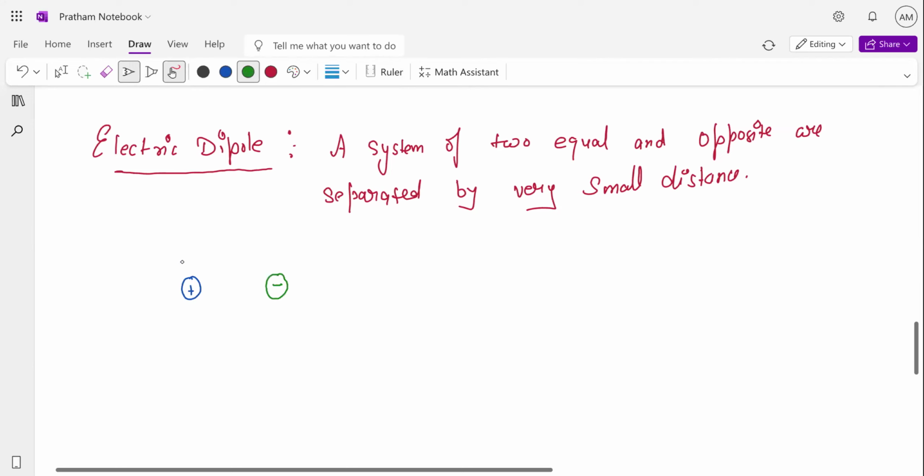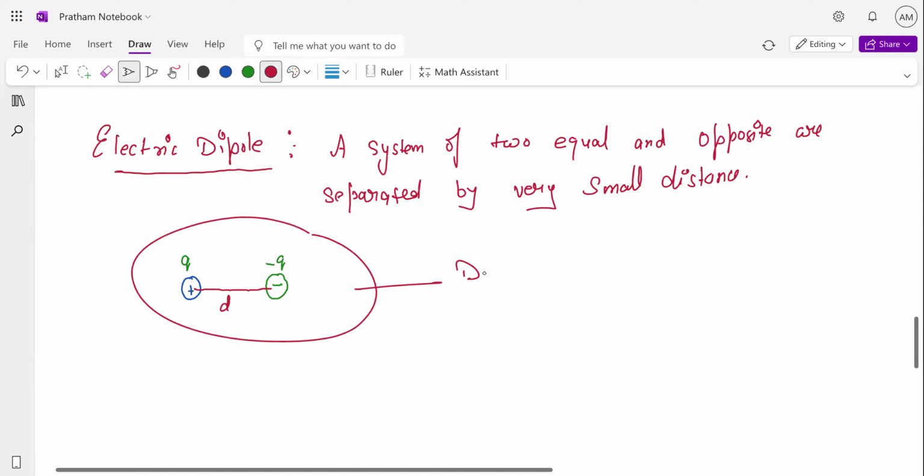If I call this q and this minus q, and the distance is d, this d is very small. So in this case, the whole thing we call a dipole system.